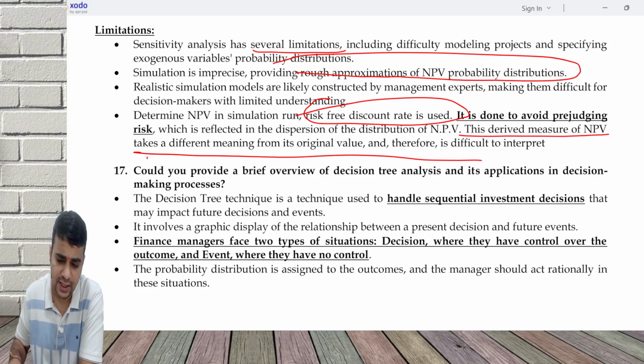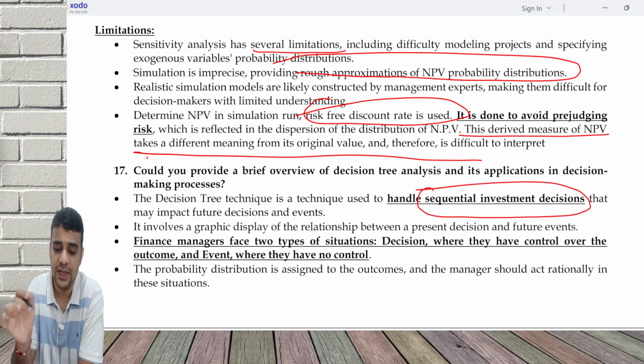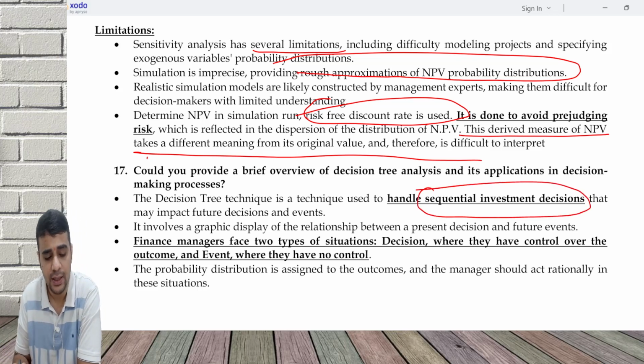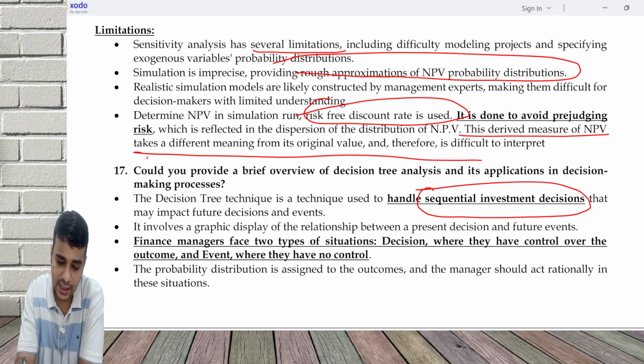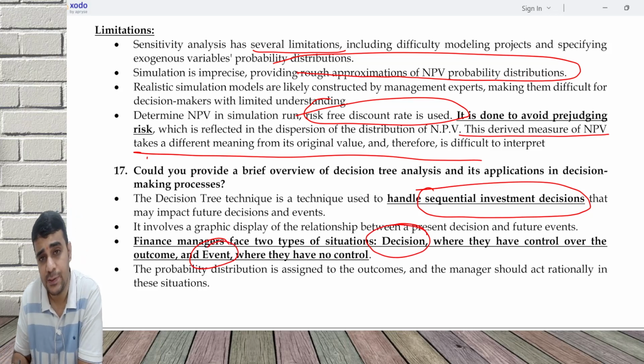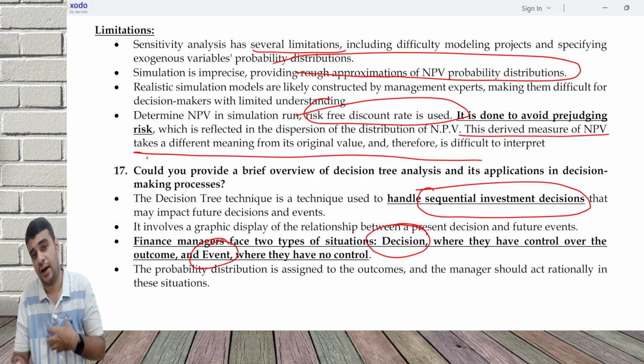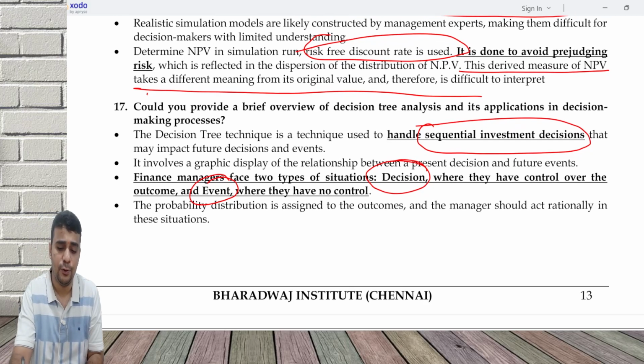So a decision tree is useful to handle sequential investment decisions, where there are two elements. One, there is a decision, and second, there is an event. A decision is basically a factor where I have control. A decision I put in a rectangle, and we have two branches coming from it.